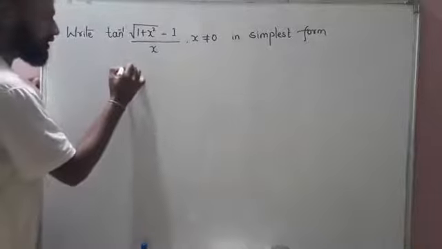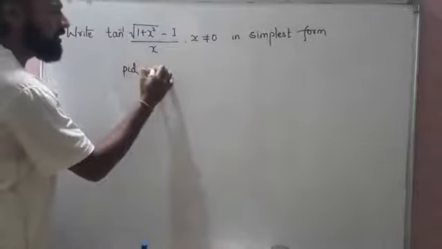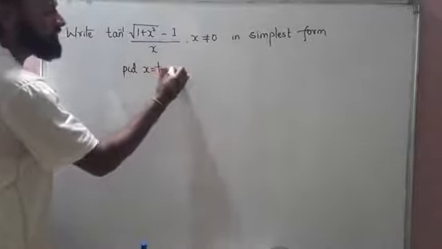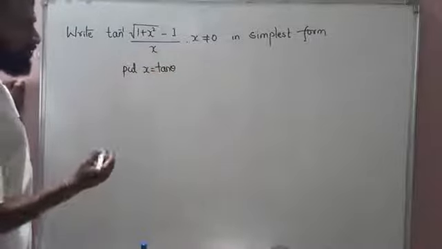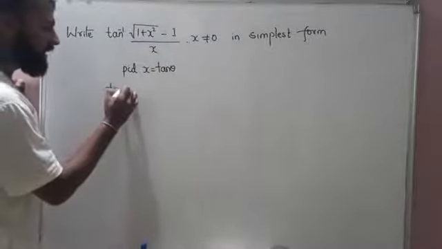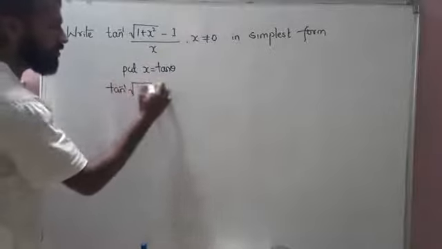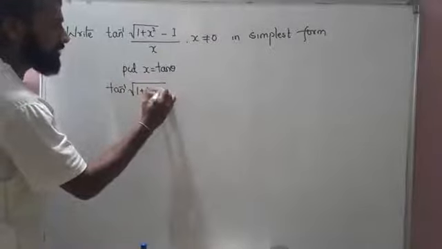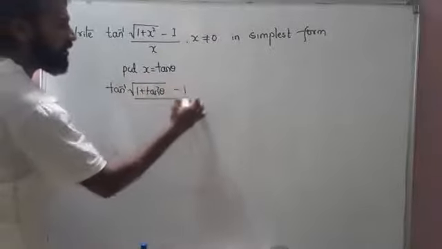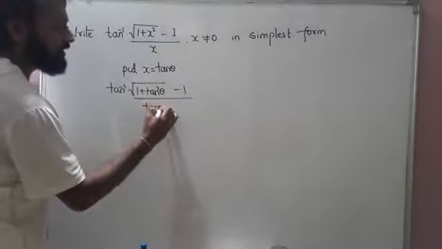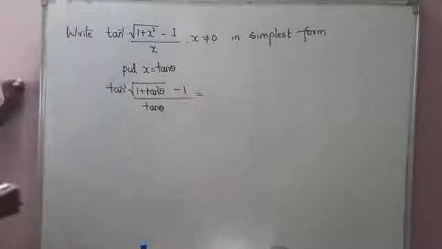okay, let me take this one. Put x equal to tan theta. If I substitute tan theta, let's check what will happen. So this will be tan inverse of under root 1 plus tan square theta minus 1 whole divided by tan theta, isn't it?